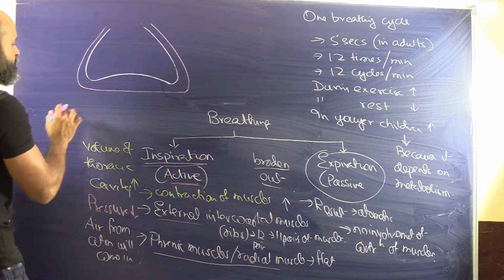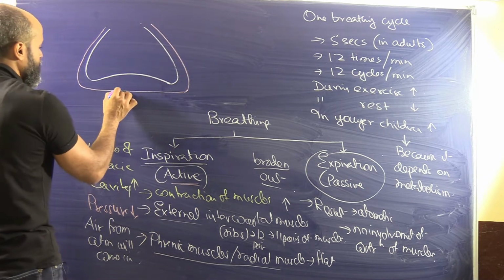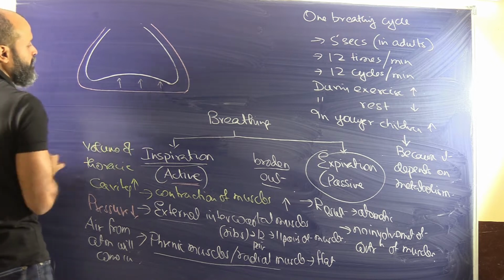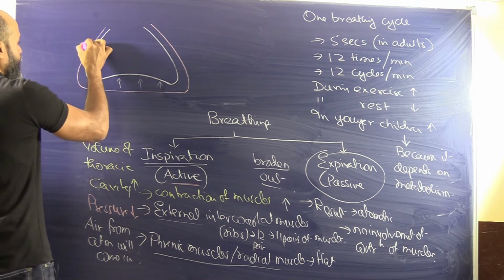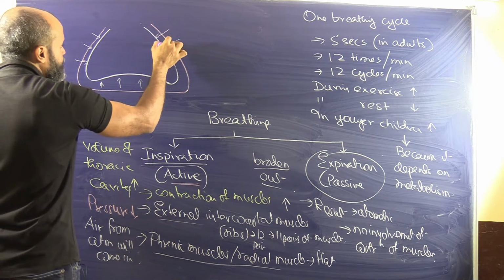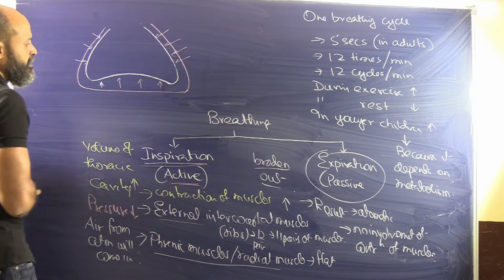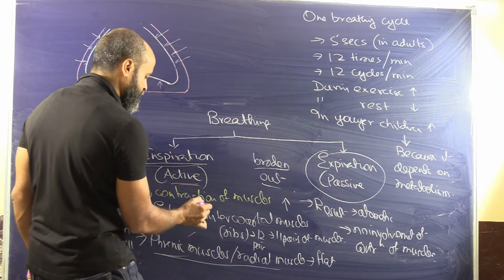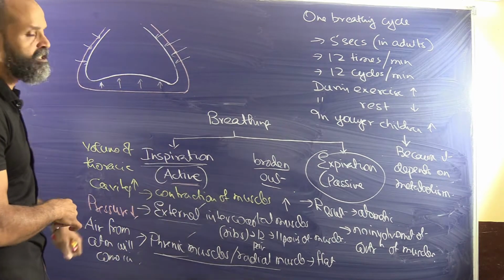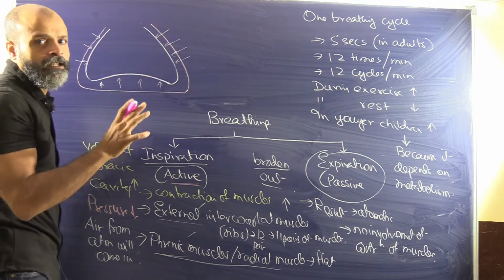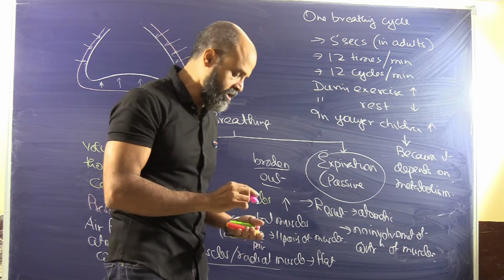During expiration, this just returns to its normal position. The diaphragm becomes dome shaped again, and the external intercostal muscles, phrenic muscles and radial muscles relax, which brings the thoracic cavity to its original volume.